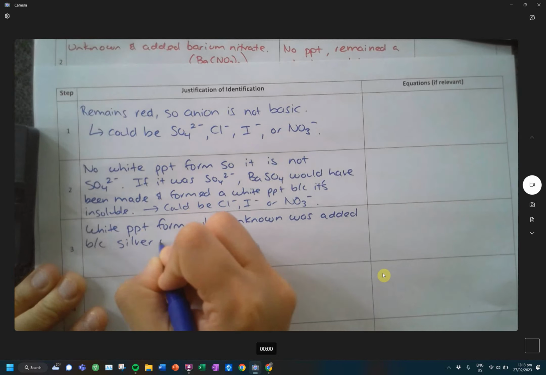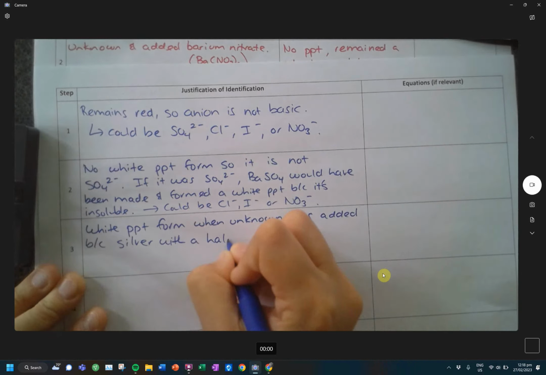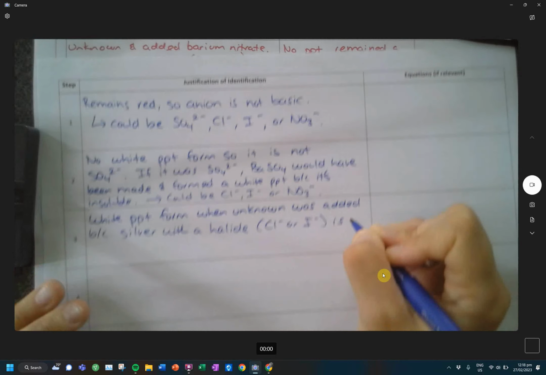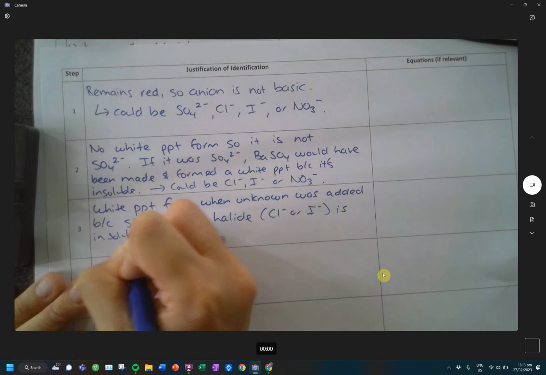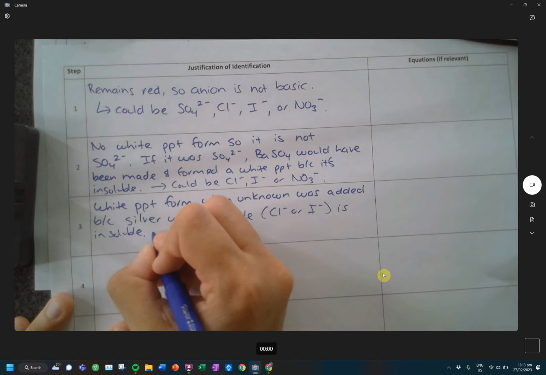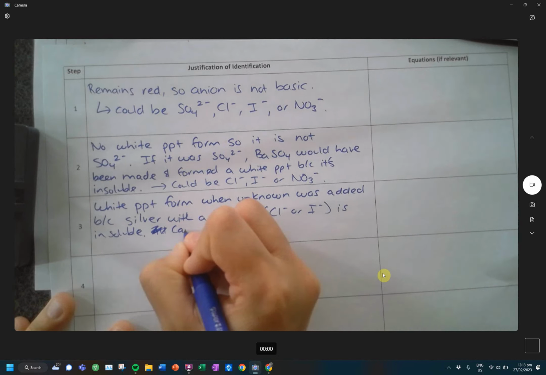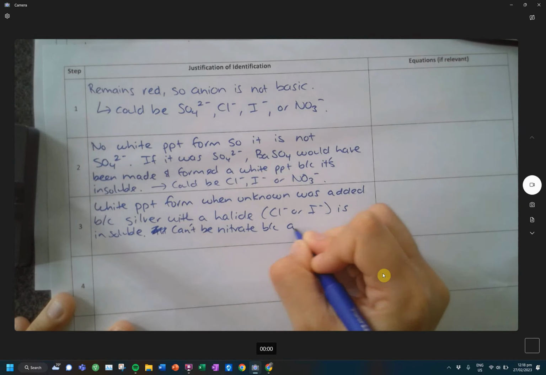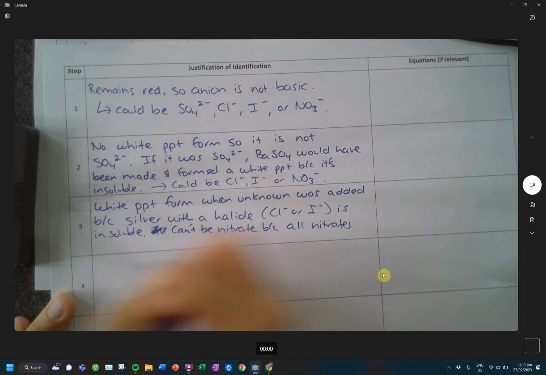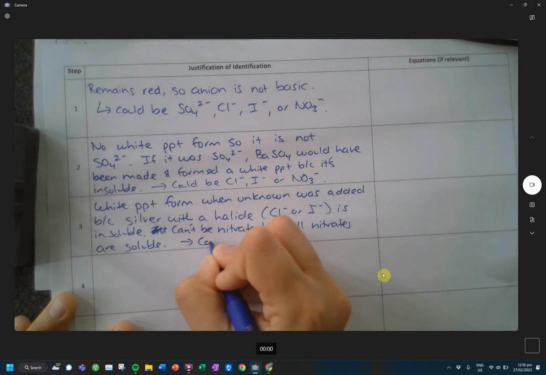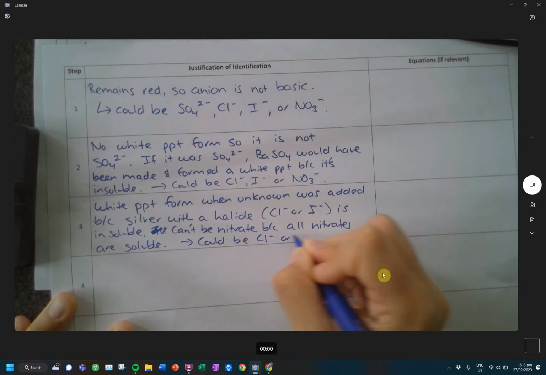Silver and halide, such as chloride or iodide, is insoluble. It can't be nitrate, because all nitrates are soluble. So it could be the chloride or iodide.